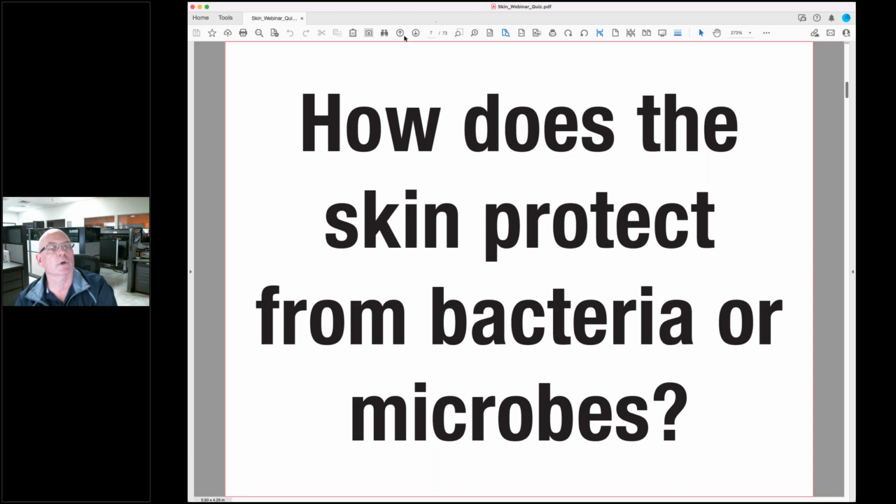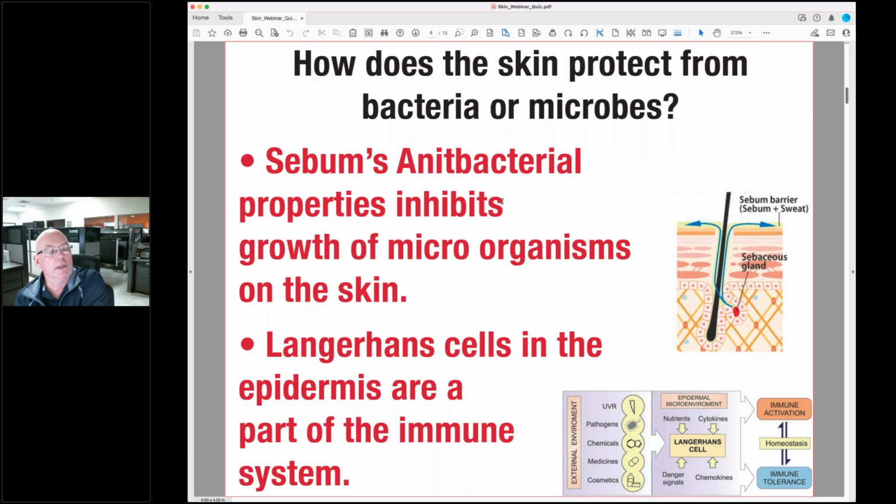But I'm also looking for the Langerhans cells in the epidermis, part of the immune system, just protecting from that. But you definitely have the sebum and sweat coming out and protecting from bacteria and microbes.